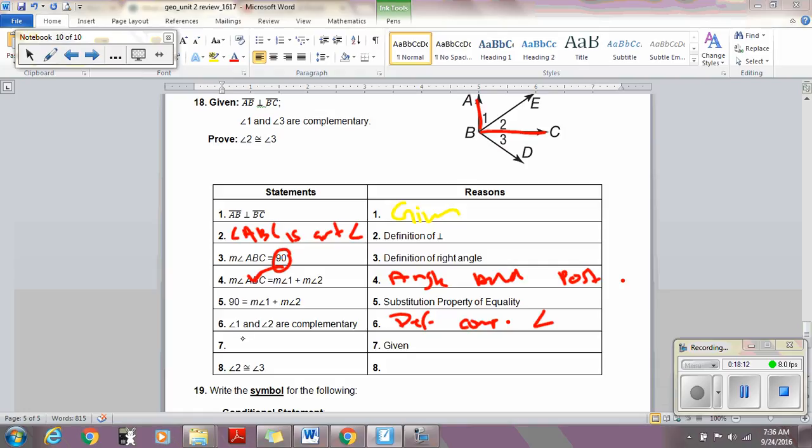So that means we're going to say angle 1 and angle 3 are complementary. And then statement 8 is our proof statement that angle 2 is congruent with angle 3, but the reason is because if two angles are complementary to the same angle, then the two angles are congruent.